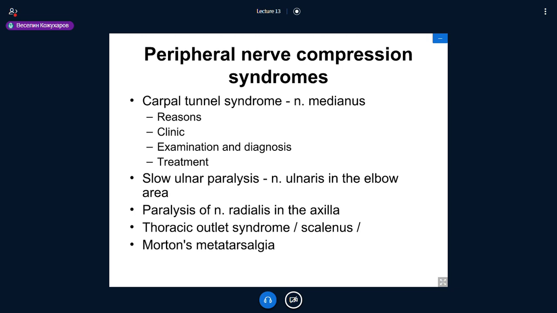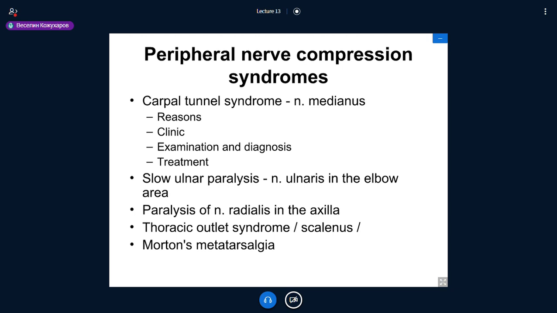In the lower limbs, we can also observe peripheral nerve compression, starting with compression of the sciatic nerve at the buttock region, when a slim patient uses an uncomfortable chair.